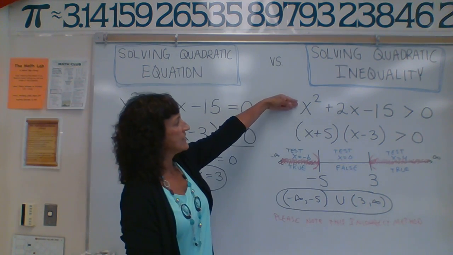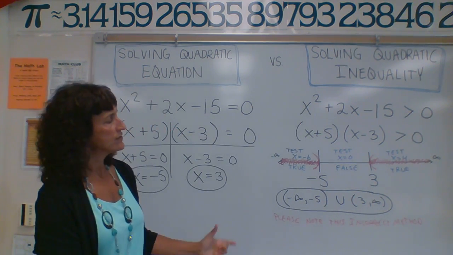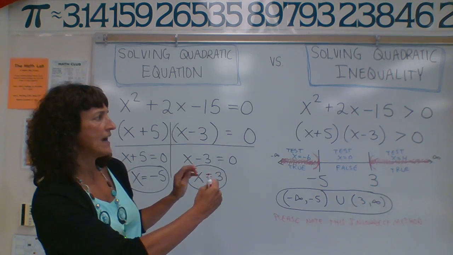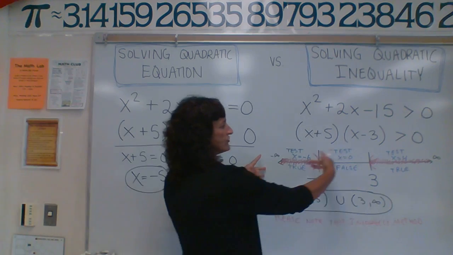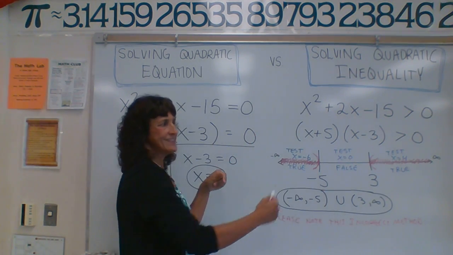To solve a quadratic inequality, we want to factor the left-hand side, all terms to the left, and 0 on the right, okay? And then once we're done factoring, you have to plot the zeros on a number line, test the intervals, and that's the correct method.